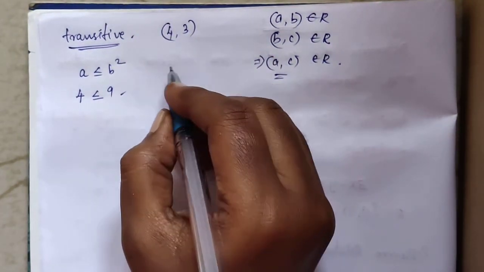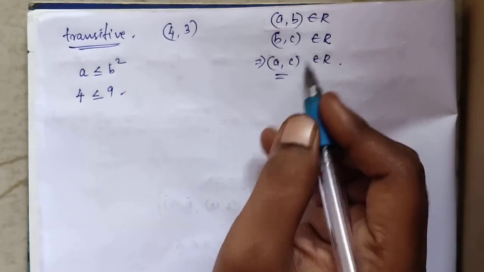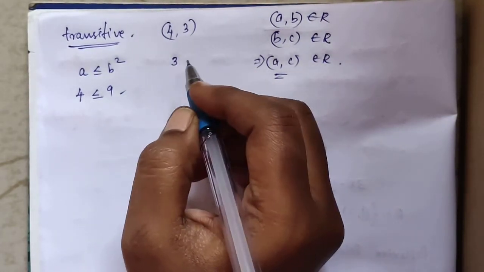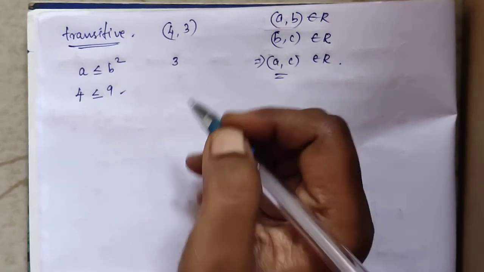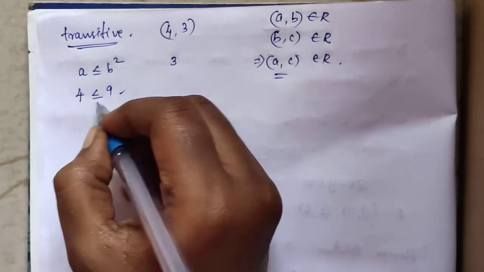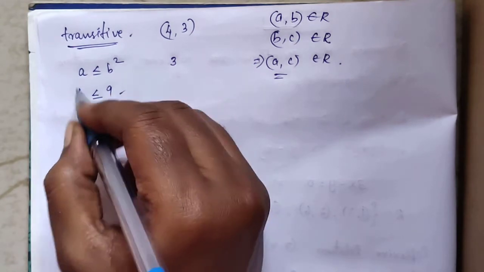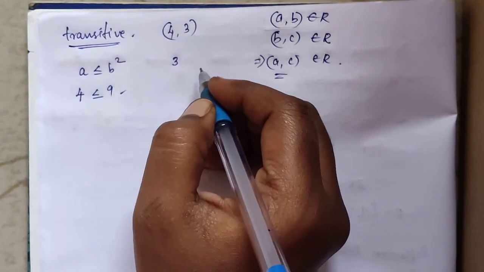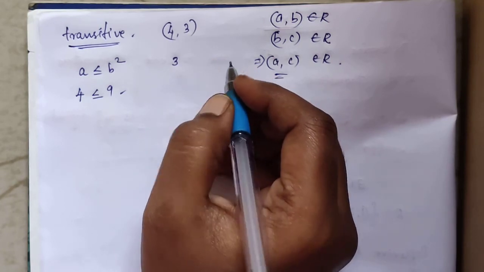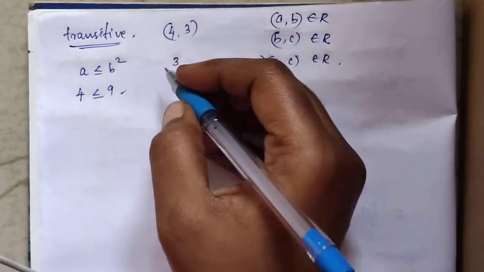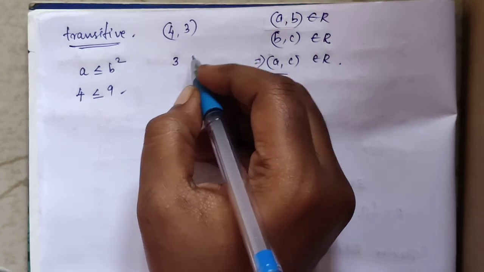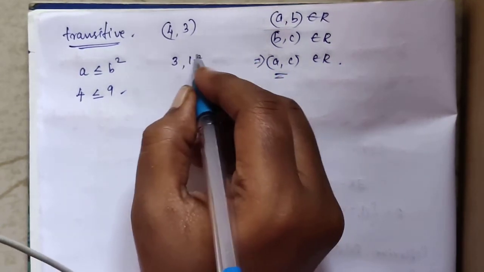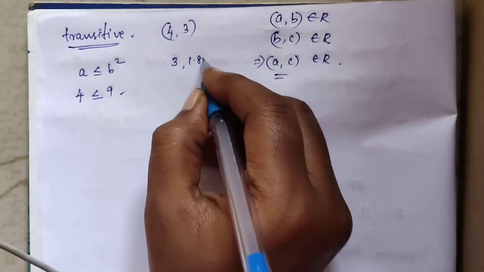The next thing I have to select is b and c. The b value I know is 3. For c I have to select a number such that this condition will be true. Now more than 3 but less than 4, let us take a decimal number. Let us take 1.8. Why am I taking 1.8? Because the c should go in the square.